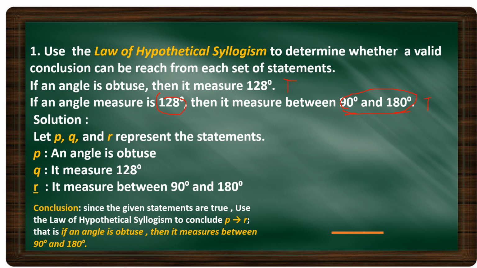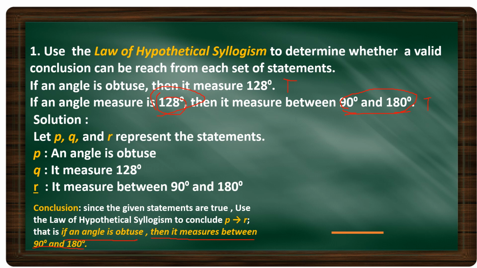Remember that an obtuse angle measures in between 90 and 180 degrees. And therefore, 128 is an obtuse angle. So, we have here, for our conclusion, we can say that we have, if an angle is obtuse, then it measures between 90 and 180 degrees.